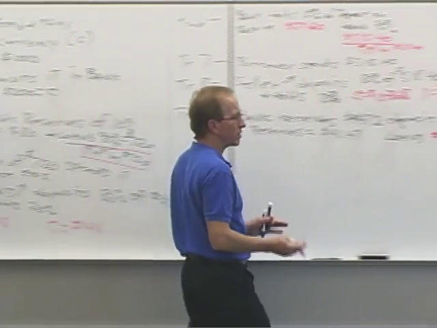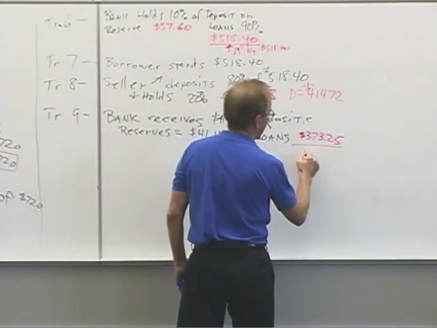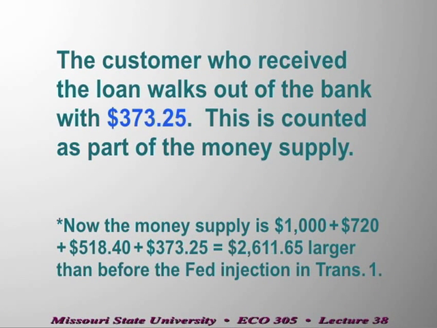And this loan is made to somebody. They slide that across the counter to the borrower, and that increases the money supply by $373.25. And we had money supply a moment ago of $2,200. Now it's over $2,500, $2,600.